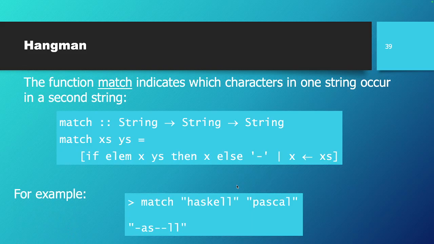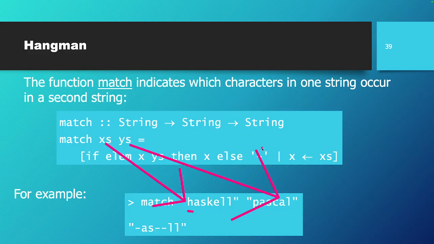So I would call this as Haskell. So this is my XS, and this is my YS. Okay. So when I look at just, say, the first one, I'm going to say H. Does H appear here?